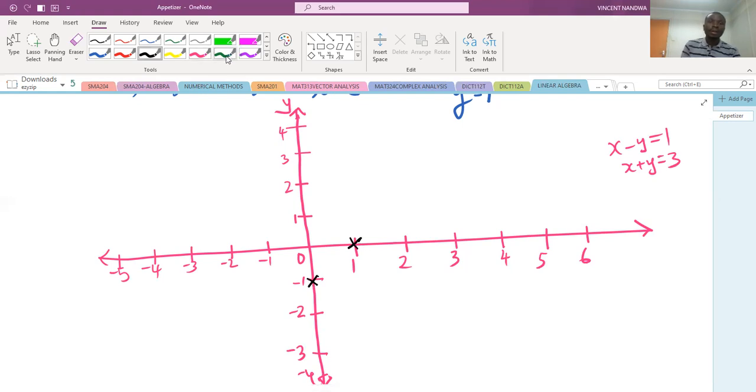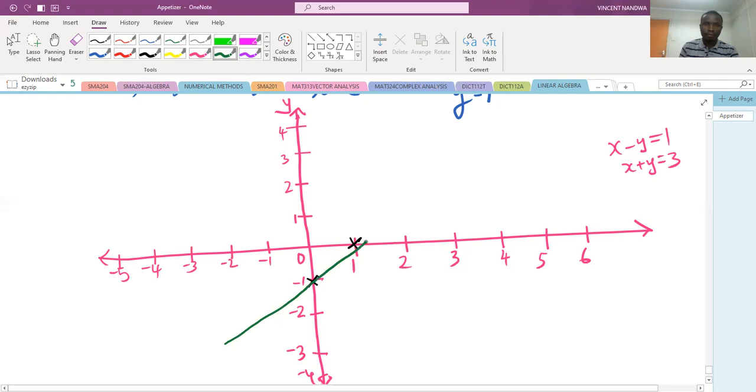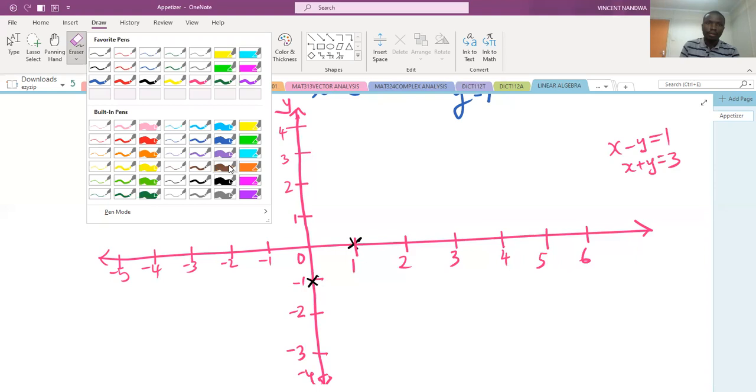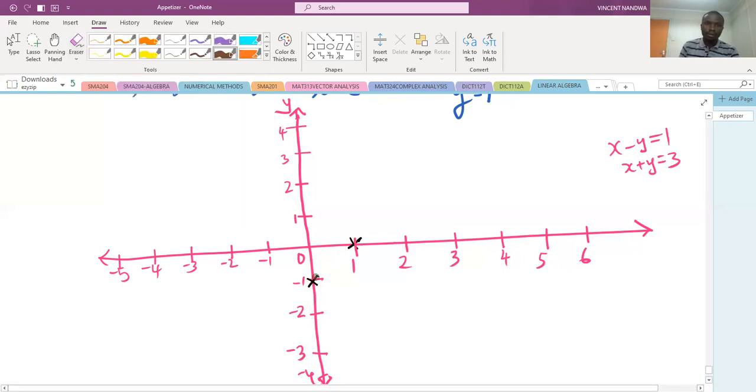So then I draw a straight line passing through these. I need a thicker one. So this will be the line.